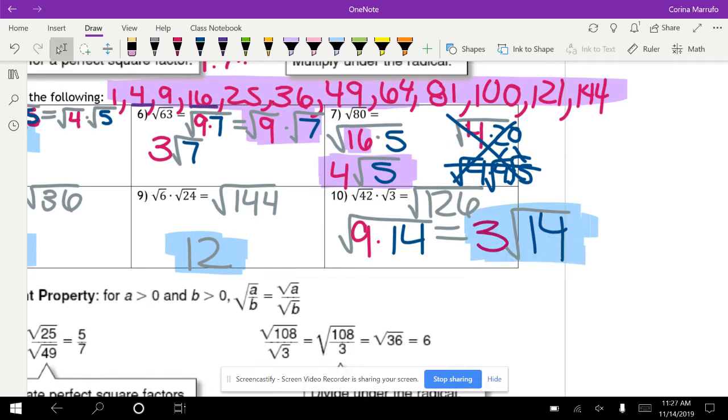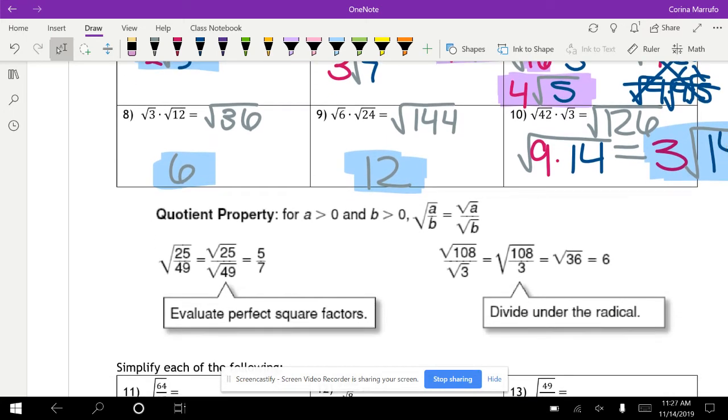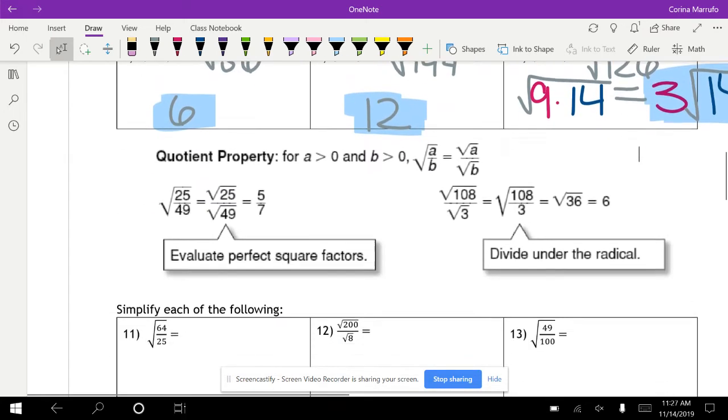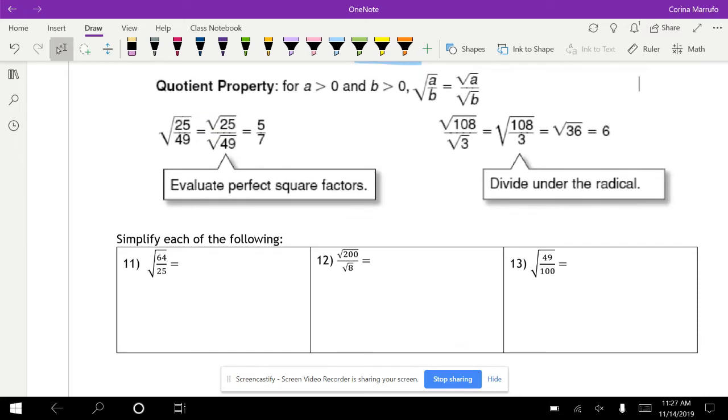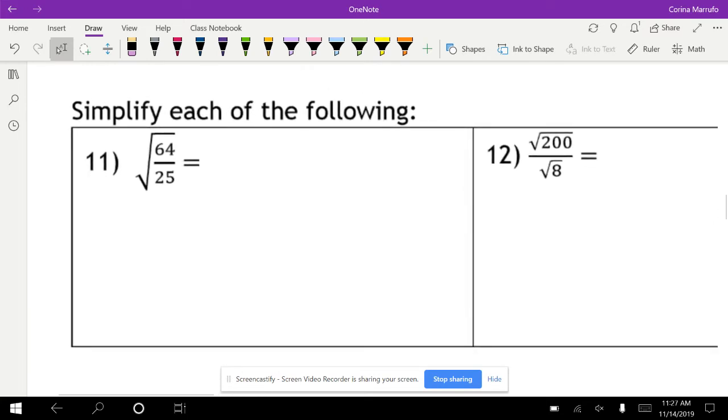All right. Now we have the quotient property. So just like we're able to split up the multiplication, we can also split up the division. So you take the square root of the 25 and you take the square root of the 49. Okay, and you take them separately. So for this example, we have the square root of 64 over the square root of 25.